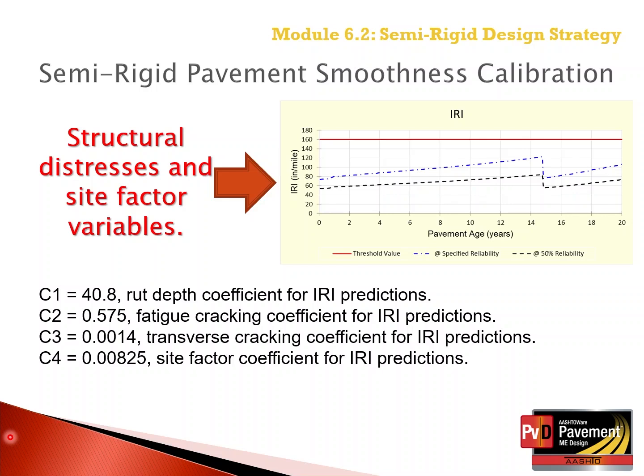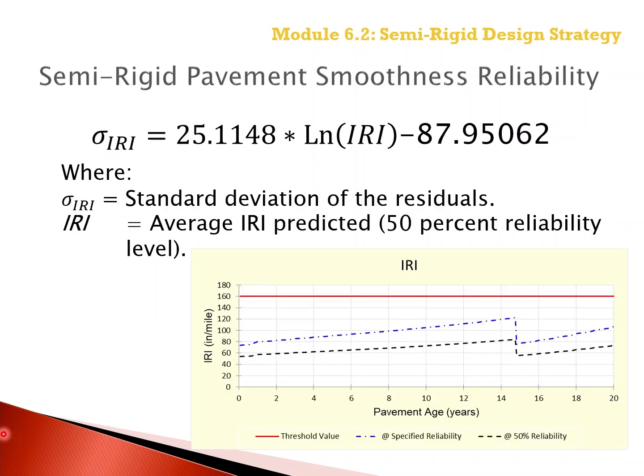The coefficients and the exponents of the transfer functions for semi-rigid pavements are all included in the output report of the Pavement ME design software. And this is simply the standard deviation of residuals for the semi-rigid pavement smoothness, which is identical to the standard deviation of residuals for flexible pavements.